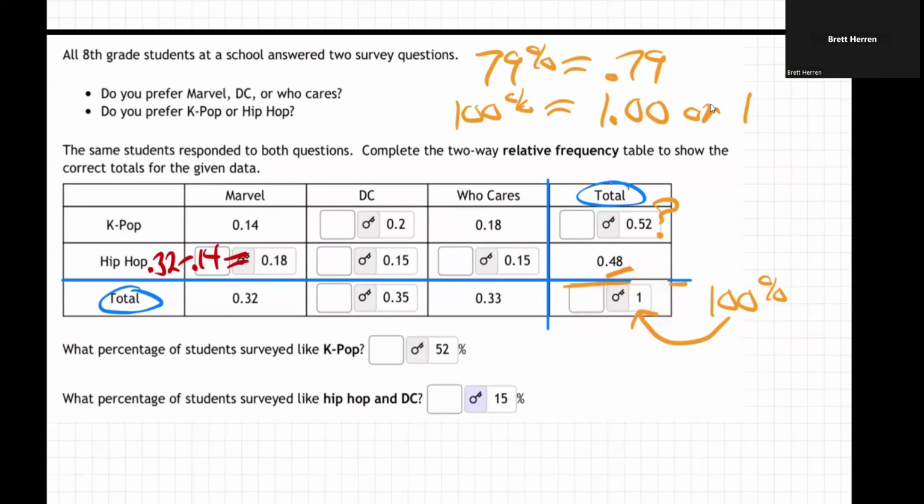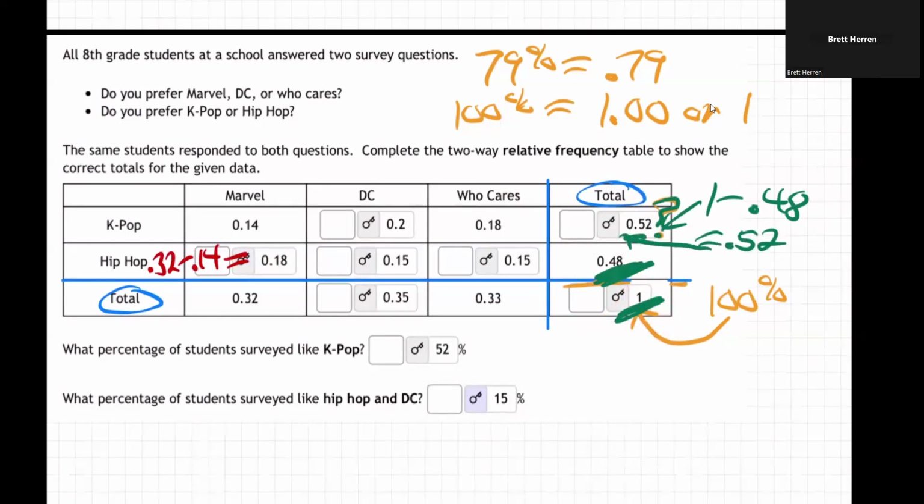And now how do we find, we have 0.48. So to find this number, we go 1 minus 0.48 because we know it totals 1 and this is 0.48. So what must this one be? Well, something plus 0.48 is 1. So subtract 1 minus 0.48 and you get 0.52.